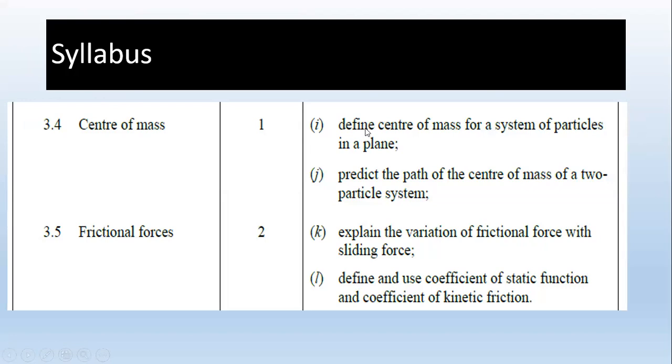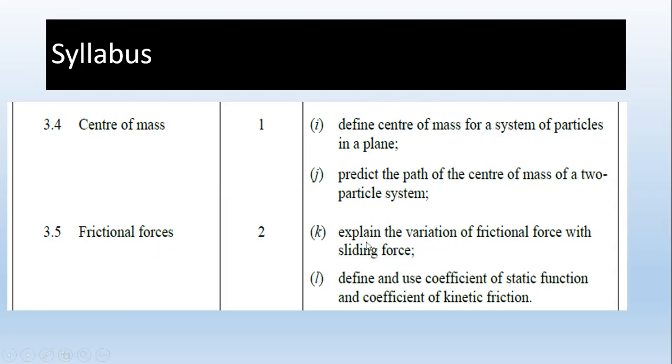As far as the syllabus is concerned, we have to define center of mass of a system of particles in a plane, which is two-dimensional, and predict the path of the center of mass of a two-particle system. Remember, when you are asked to define, you have to memorize it.